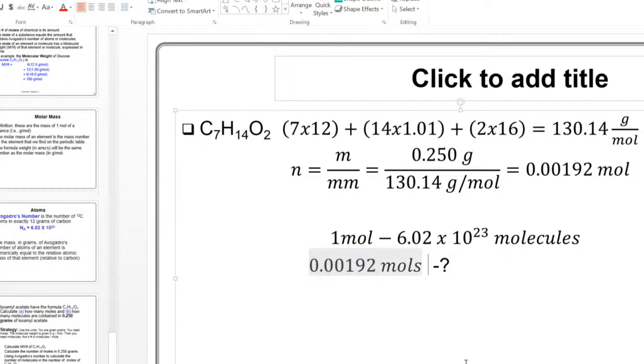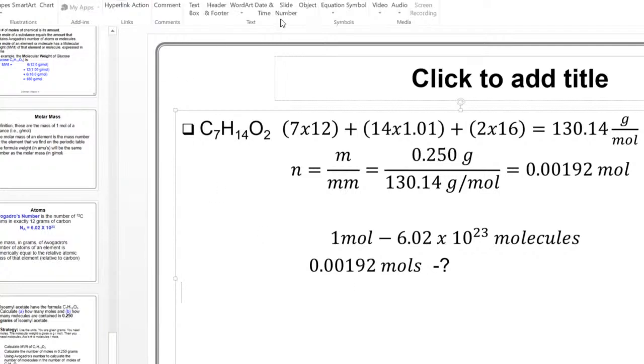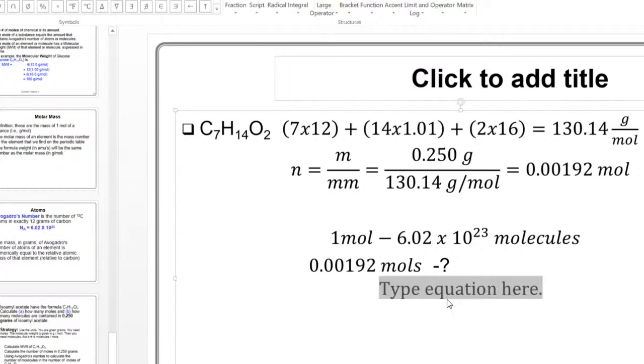So I'm getting something like 1.16 times 10 to the power 21 for our x there.